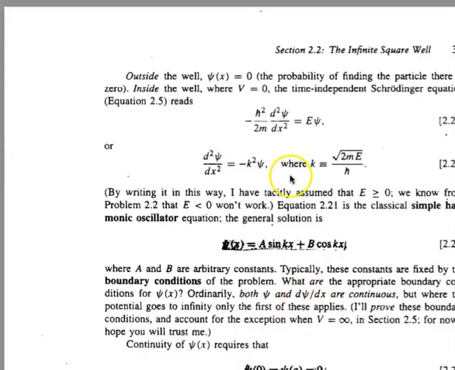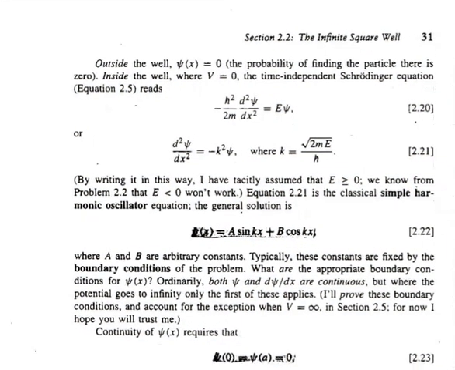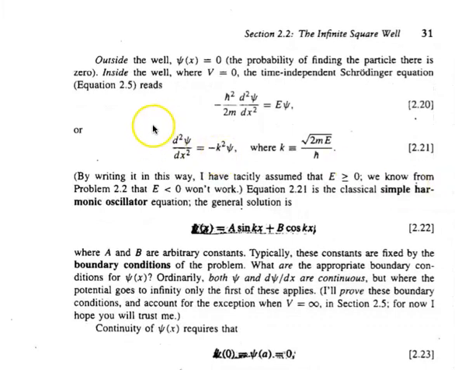Okay, so now, let me change this first. Outside the well, as it's called, the wave function is 0. It has to be. The particle can't be outside the well. It has to be on the interior.